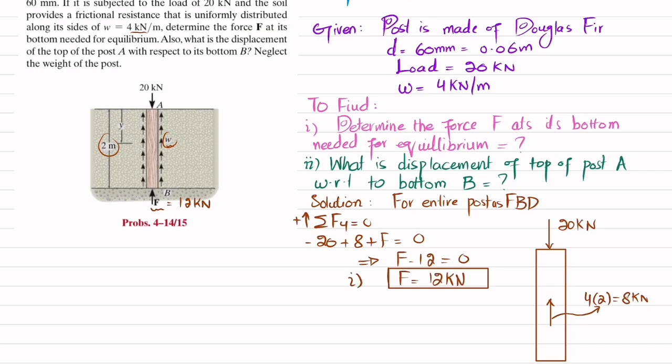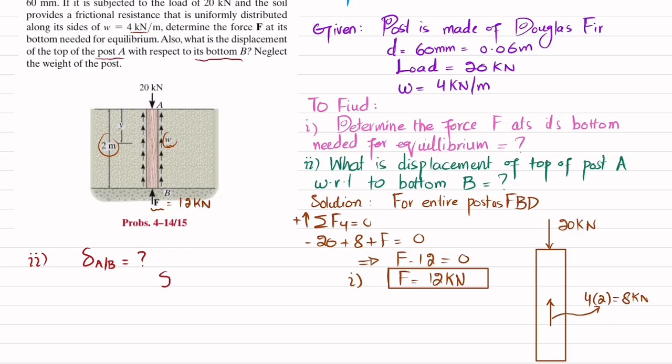Now we'll move towards the second part, in which we have been asked to find the displacement of point A with respect to B, from top to bottom, or the displacement of the top of the post with respect to its bottom.